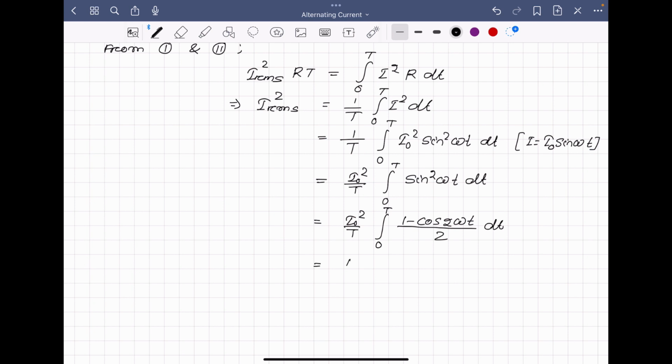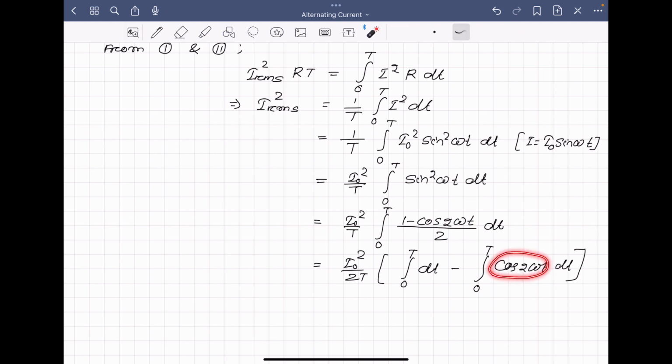If we split this integration into parts, then I naught square by 2T, integration of 0 to T dt minus integration of 0 to T cos 2 omega t dt. Just see the second integration. Here we have integration of cos over complete cycle, then this becomes 0. Then what you got here?